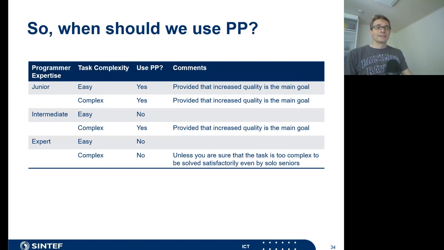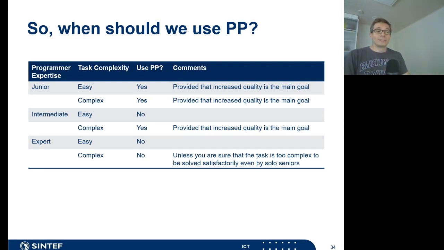So here is a summary table showing when pair programming should be used based on this experiment. It should be used for junior programmers with any type of tasks, provided that increased quality of the task is the main goal.